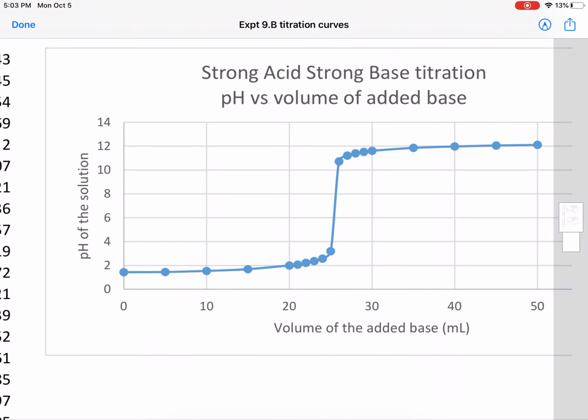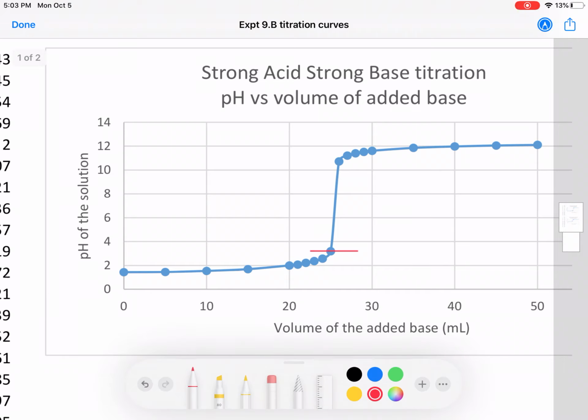And then how do you find the end point? You need to find out what the end point of the graph is once you draw it. So from here to here, the middle of that is going to be the end point. Okay, so you select the midpoint somewhere here. You draw a straight line where you find the midpoint, and then you draw a line from here to your x-axis.